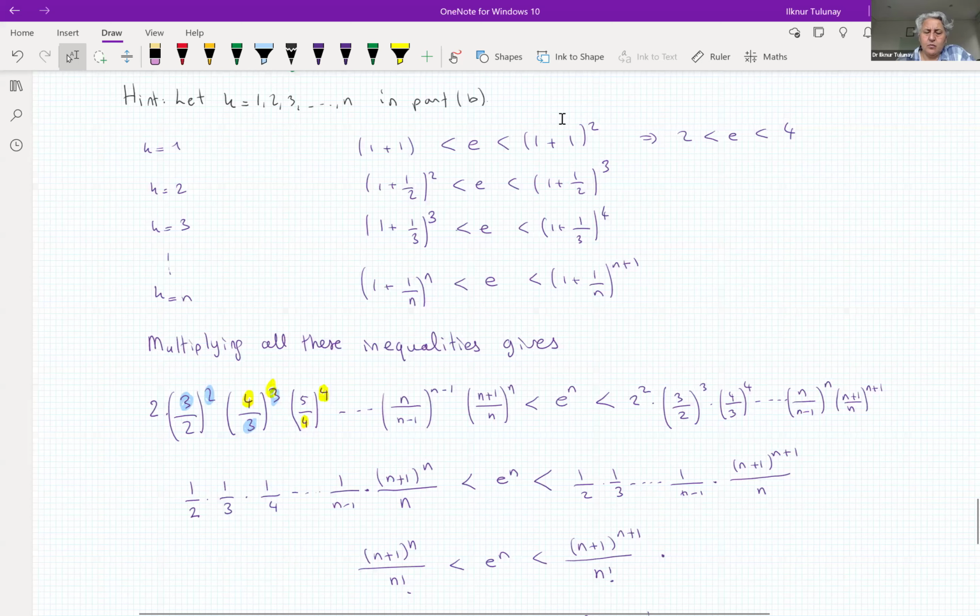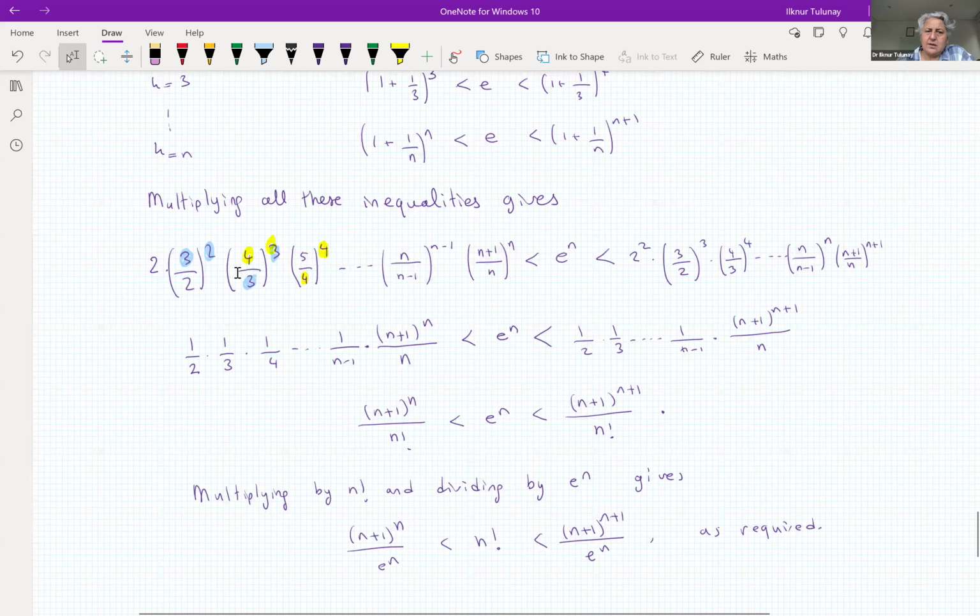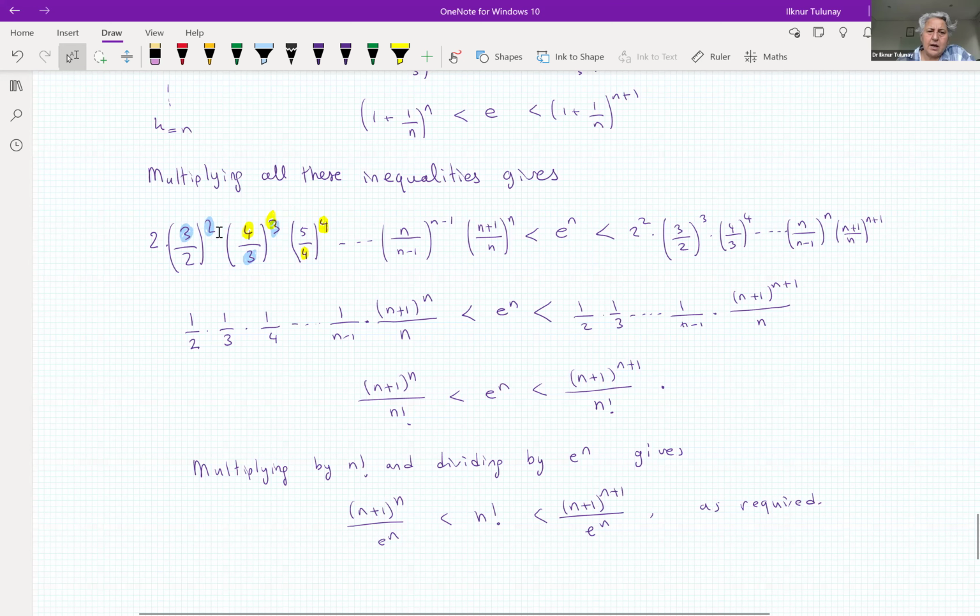So there are terms that cancel out. There's a 3 squared here, and a 3 cubed there, so the 3 squared cancels out, but I will have a 3 left. Again, 4 cubed and 4 to the 4: the 4 cubed cancels out, but I will have a 4 left. With 2 and 2 squared, one of them cancels out, but I still have 1 over 2.